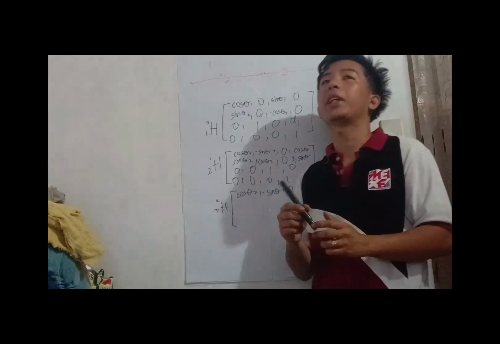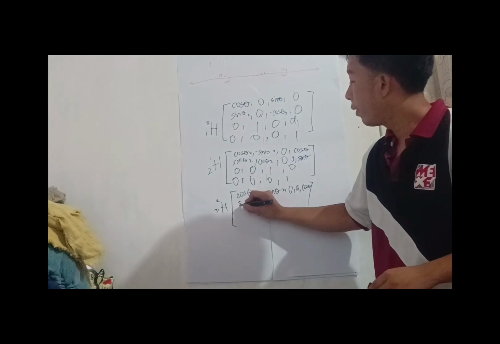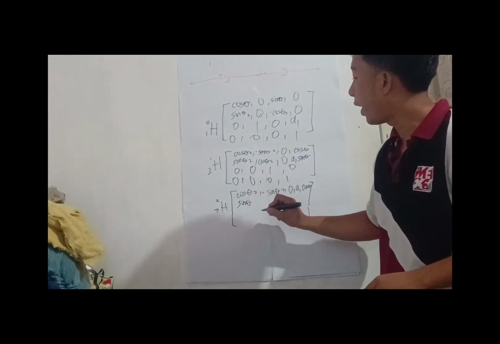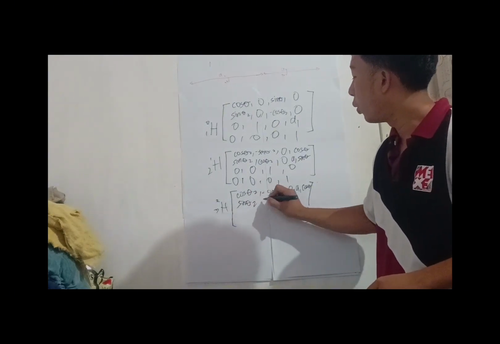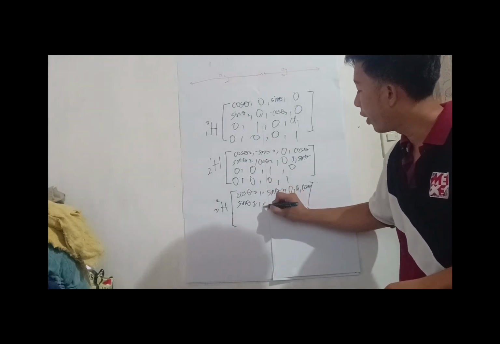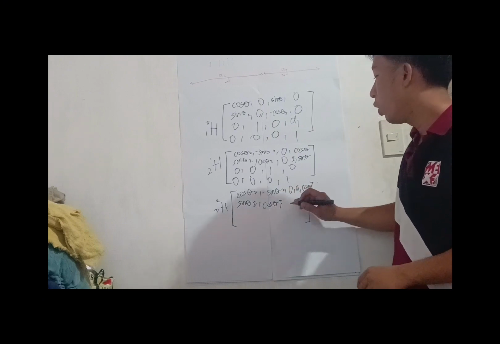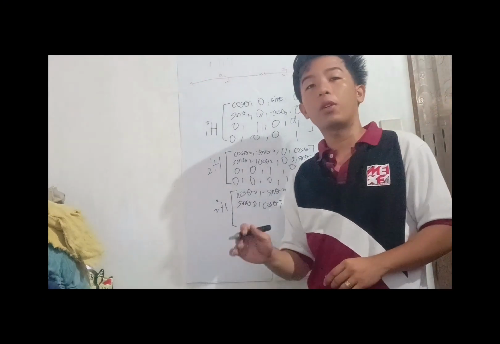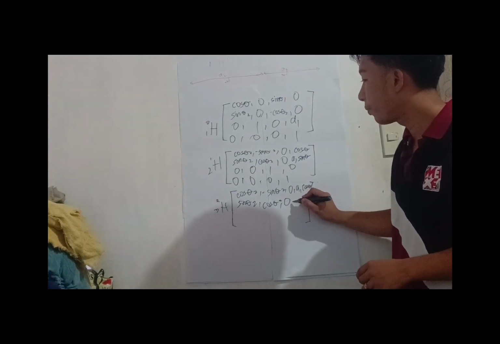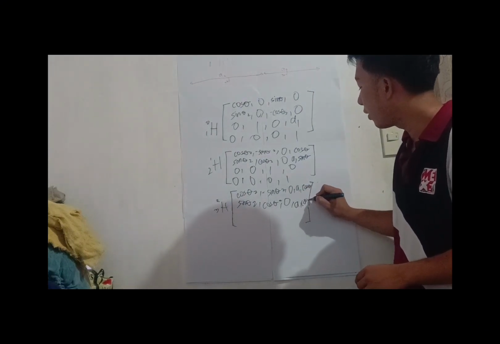So let's proceed to the second column. Sine theta represents the second angle, so there will be sine theta 2 and cosine theta 2. There is 0, there will be no rotation. And A1 is cosine theta 2.